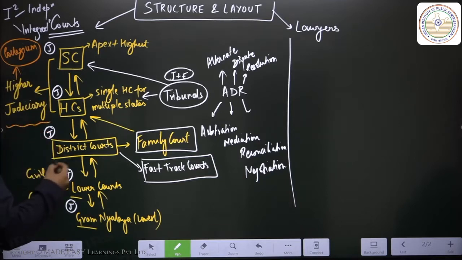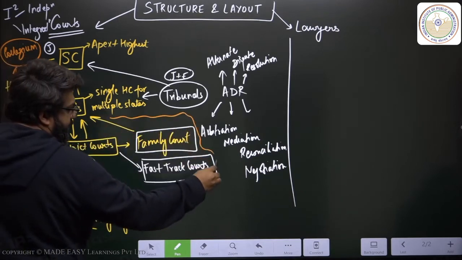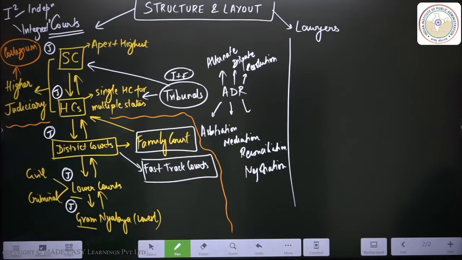As far as judges of the district courts are concerned, this is done state-wise, where the written exam is conducted by the government and the interview is taken by High Court judges. This is often called your PCSJ exams.